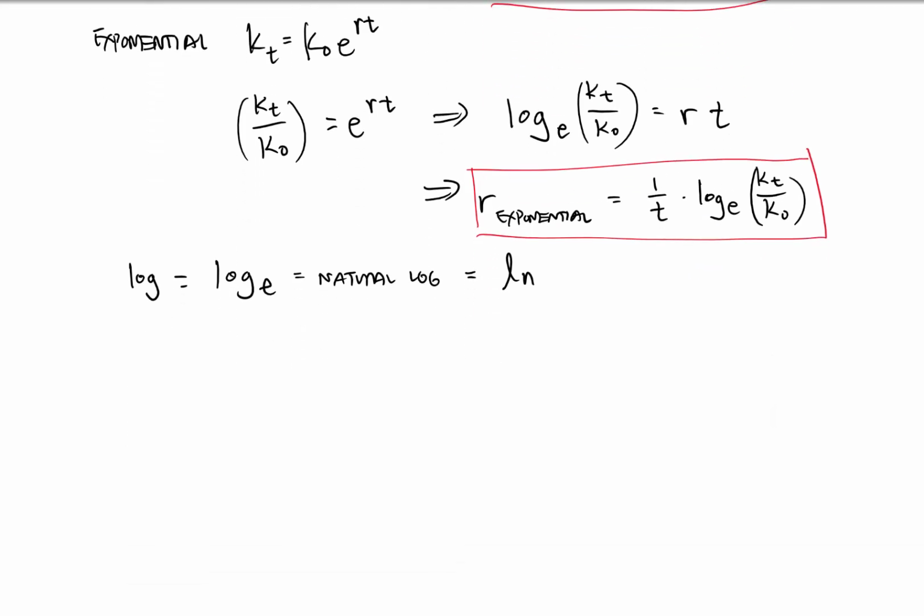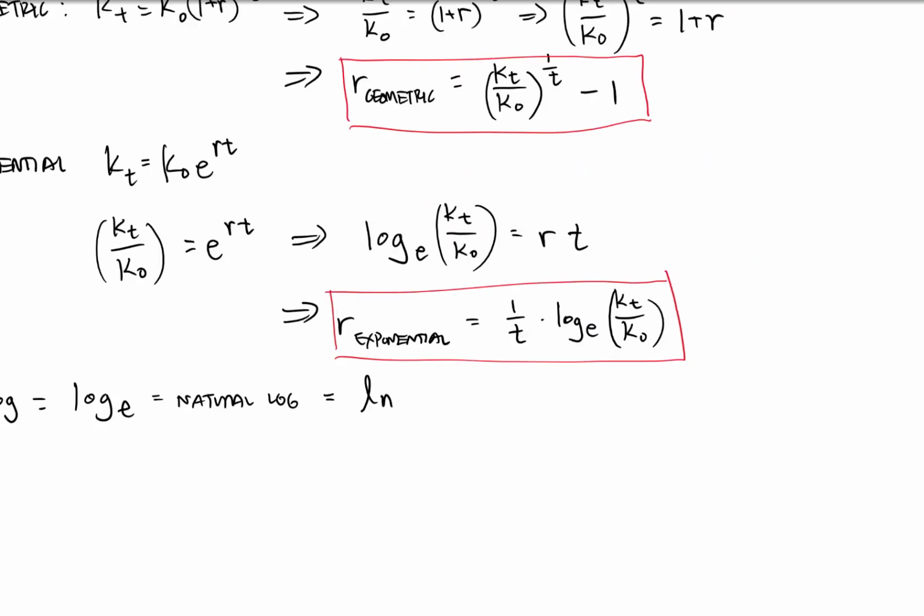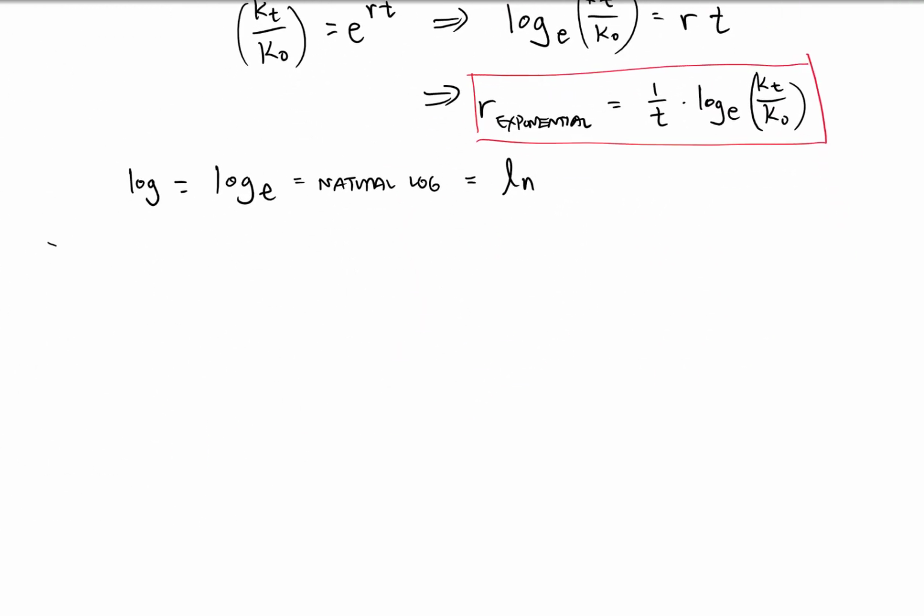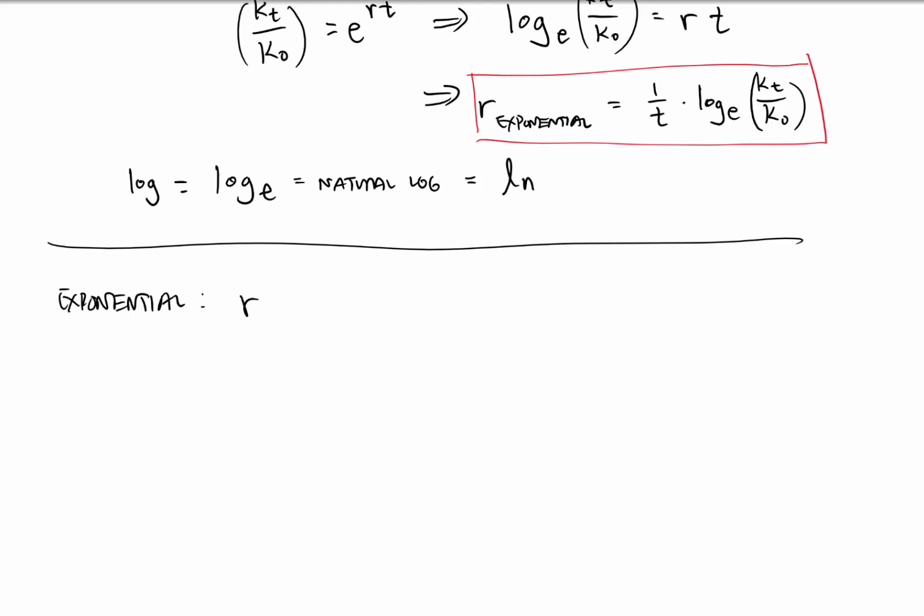Let me point out something interesting, I think it's interesting. I'm going to say that in the exponential model, we have r, the exponential model, is 1 over t, the log of kt over k0.